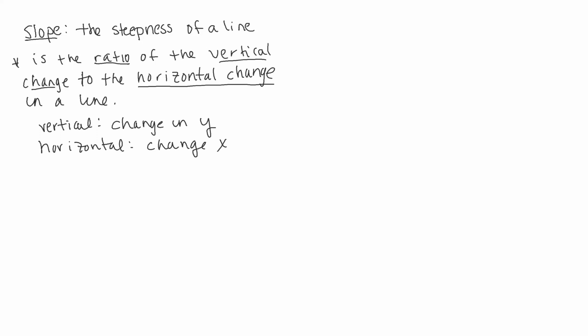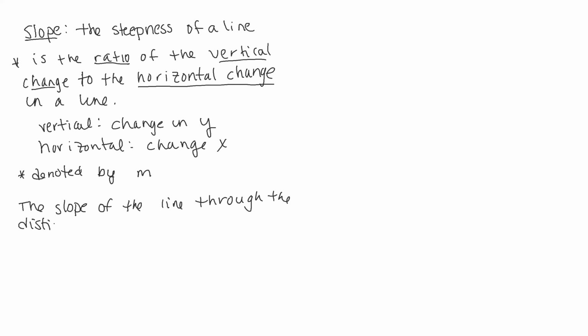Okay, so let's kind of break that down further. So we know that slope, which is also denoted by a lowercase m, let me start with a definition first. We'll say the slope of the line through the distinct points x1, y1, and x2, y2 is, and now we'll get specific.